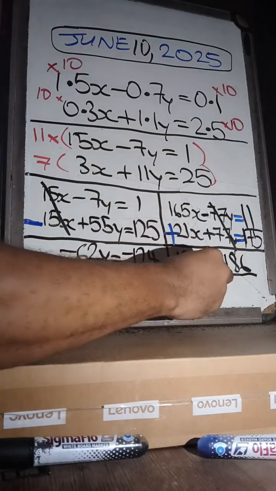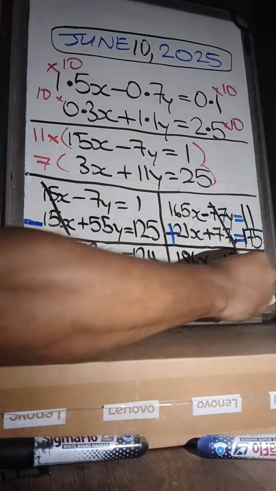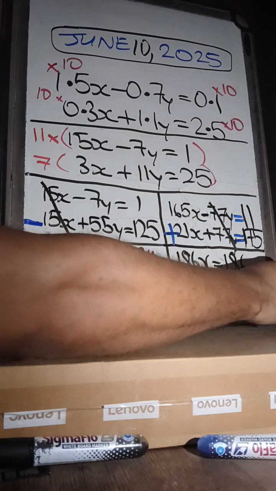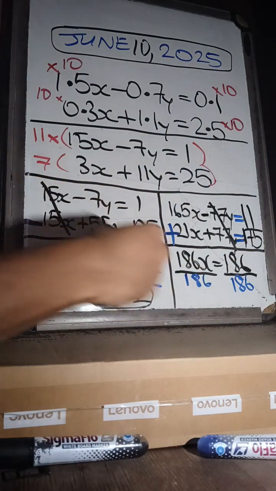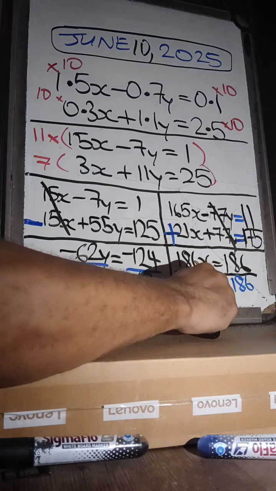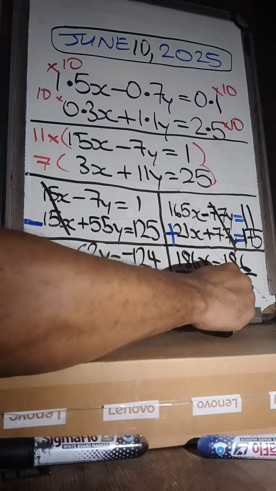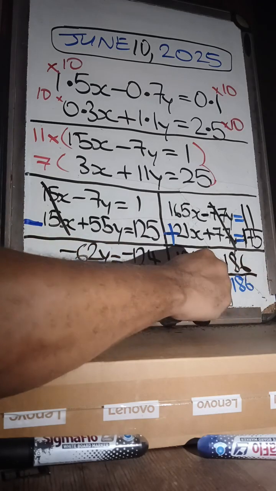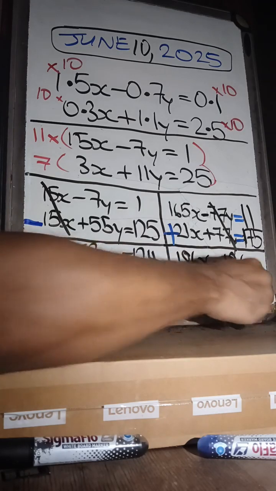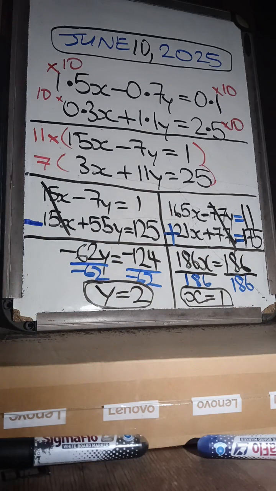So we divide both of them by 186. So therefore, our answer for x is 1.